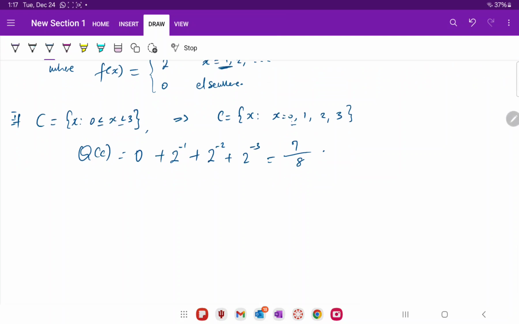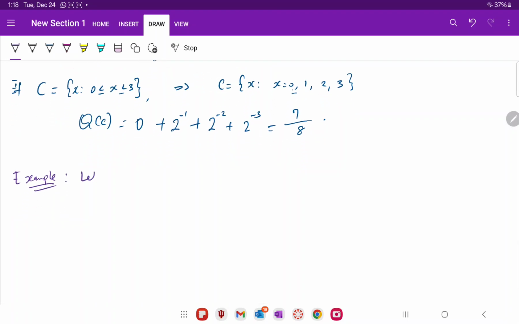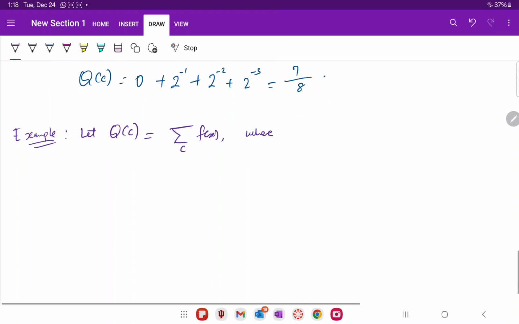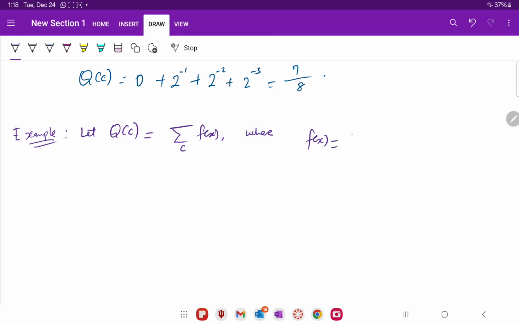So let's check another example. Let Q of C be equal to the summation over C of f of x, where f of x is equal to p to the x times 1 minus p to the 1 minus x. This is just like a binomial 0, 1 function.